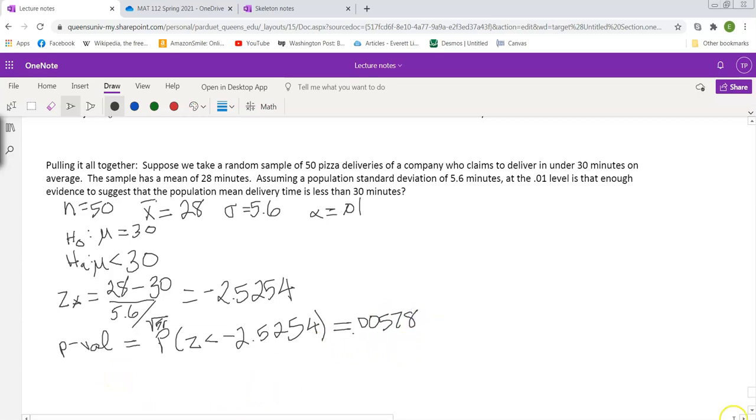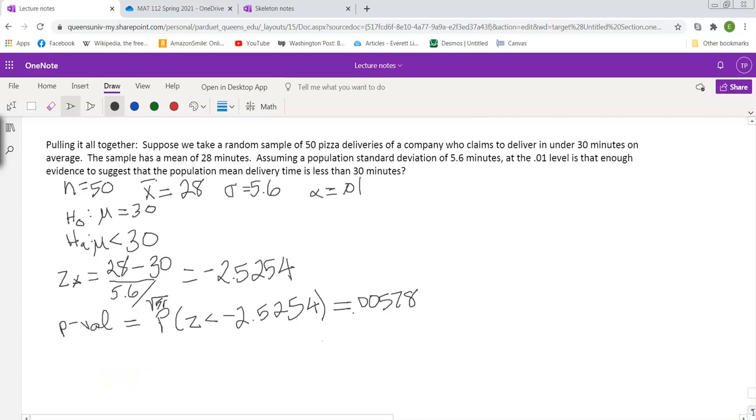And we're going to reject H0 if the p-value is less than 0.01. This p-value is less than 0.01.